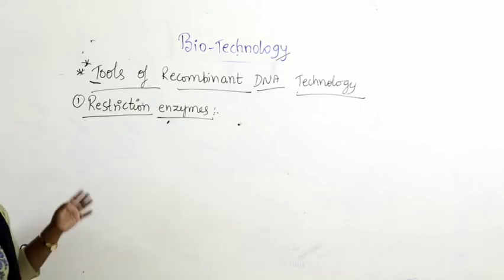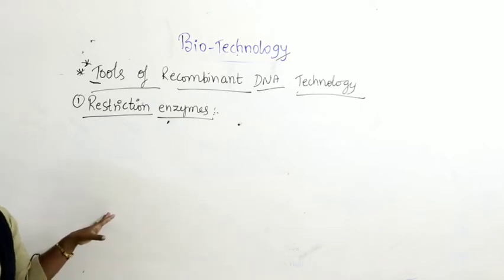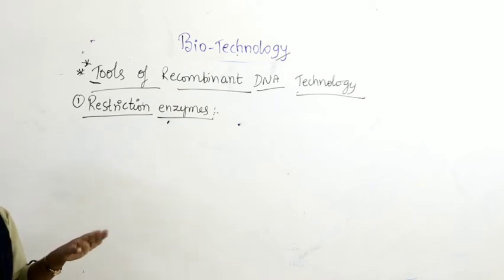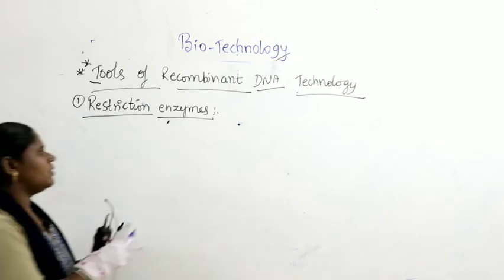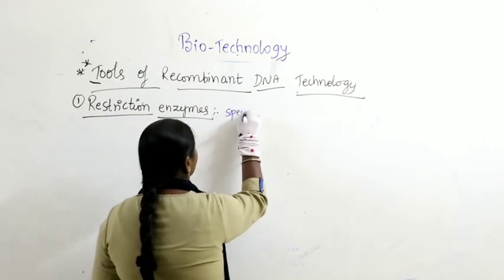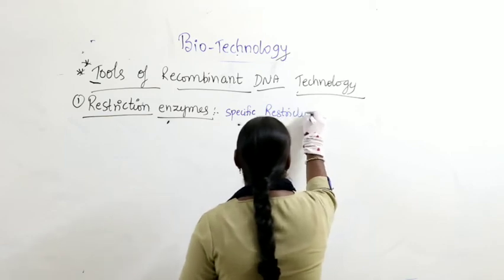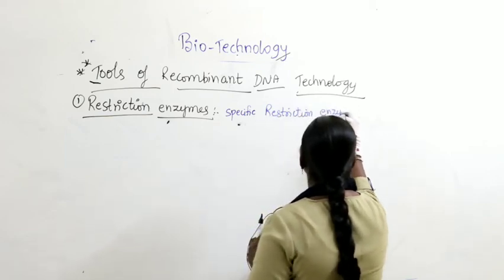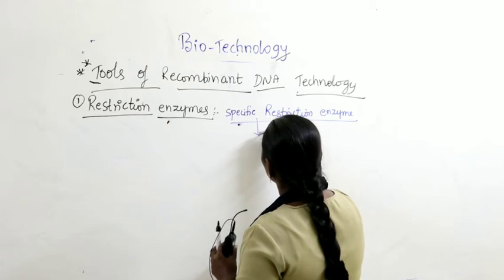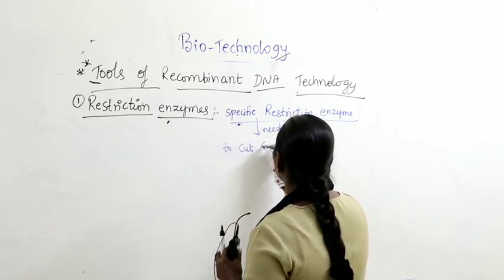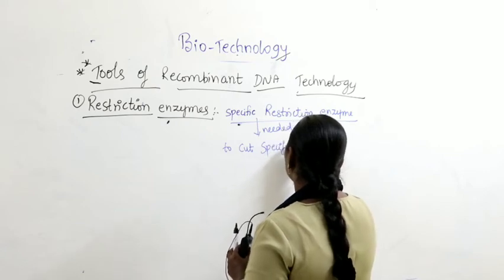When we take the restriction enzymes, the first thing is, as I told you, every restriction enzyme has a specific site to cut the DNA. So, a specific restriction enzyme is needed to cut a specific site of DNA.